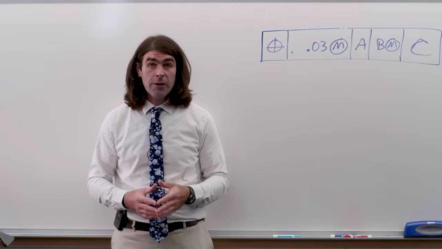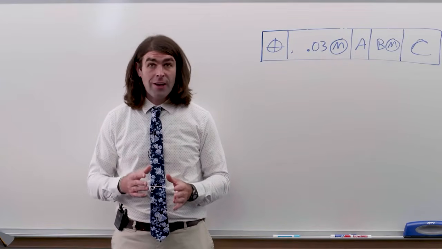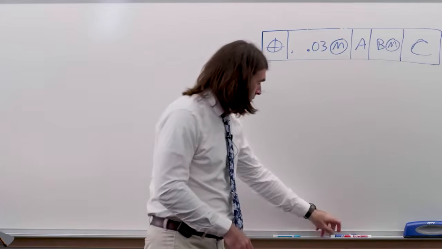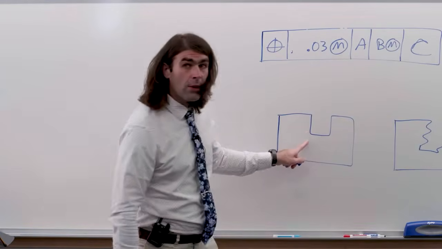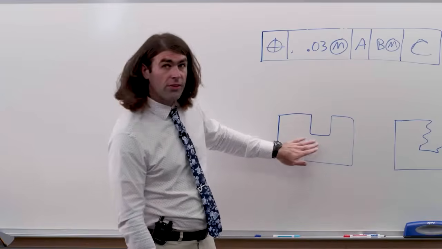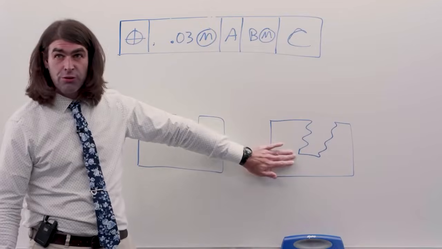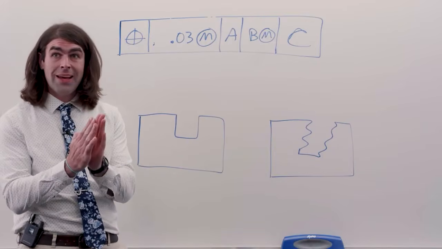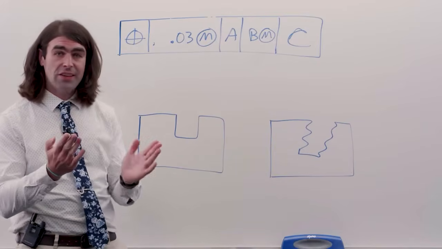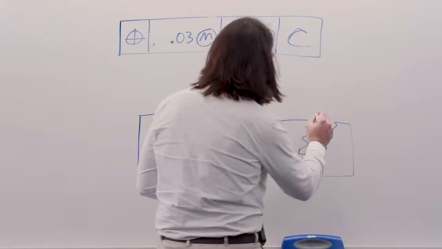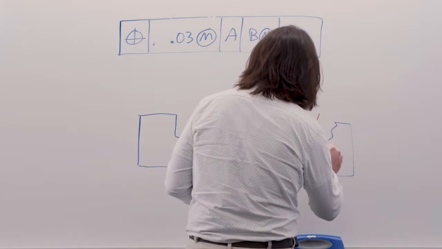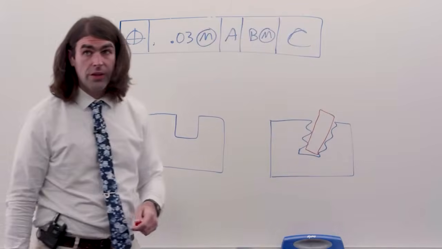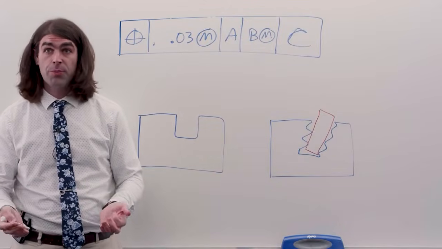And the idea here is that the actual mating envelope for an internal feature, say we've got a slot, right? So this is the perfect part, this is the actual part. The actual mating envelope is two parallel planes that expand until they touch the high points. So imagine you stuff a gauge block in there, right?